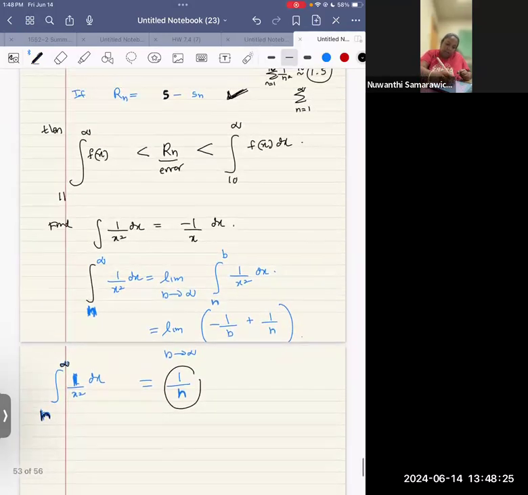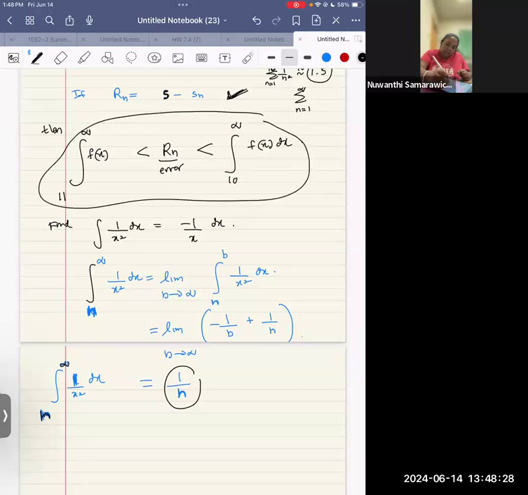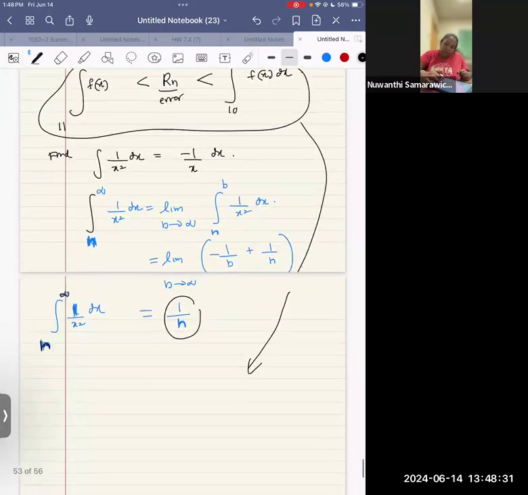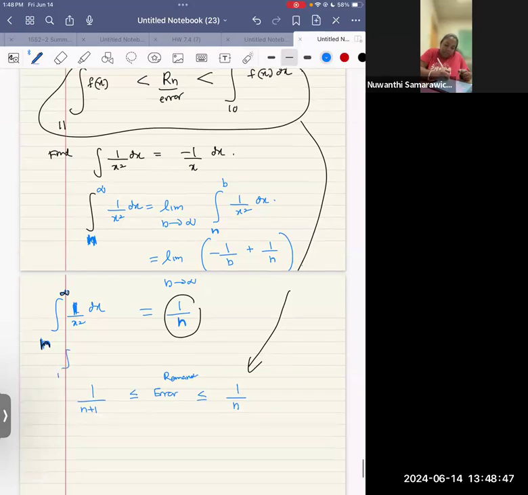So we can now substitute here, and when you substitute here, you will get your error term. The error term is the remainder. It is between 1 over n and 1 over n plus 1, because it's the same thing. Same procedure we are going to use to find the bounds when n plus 1 to infinity. So because n is equal to 10, 11, the bound is 1 over 10.